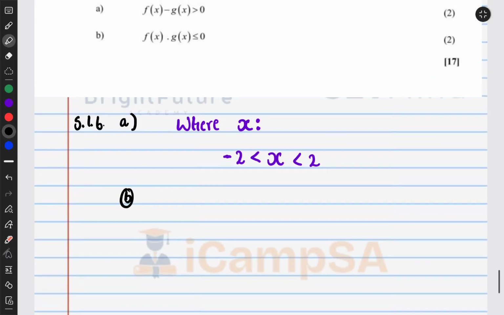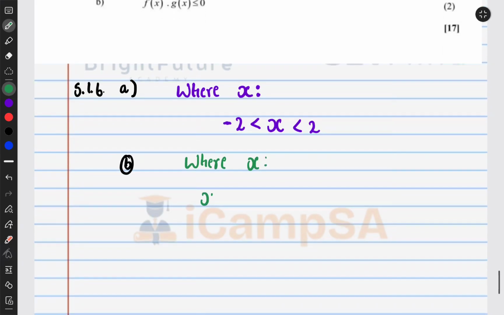Okay, so this is where x is an element from -infinity to -4, -4 is included, or x is an element from +4 to +infinity.